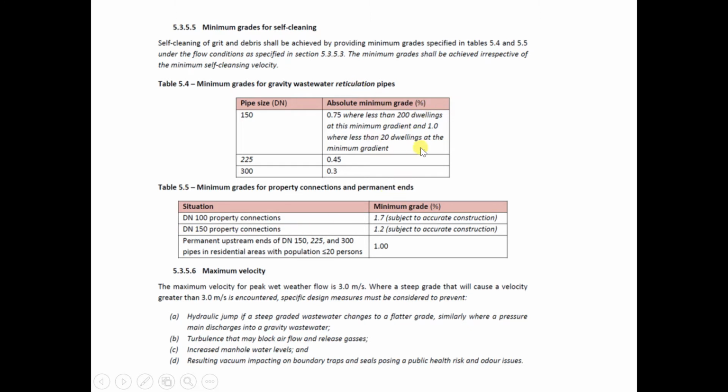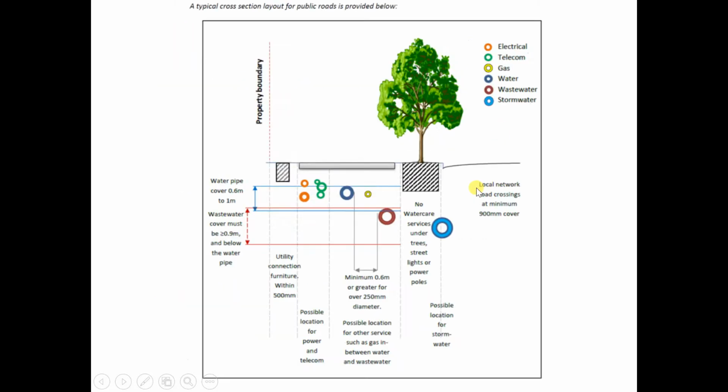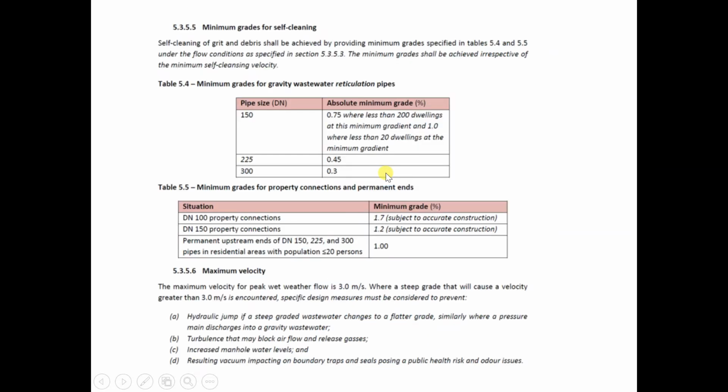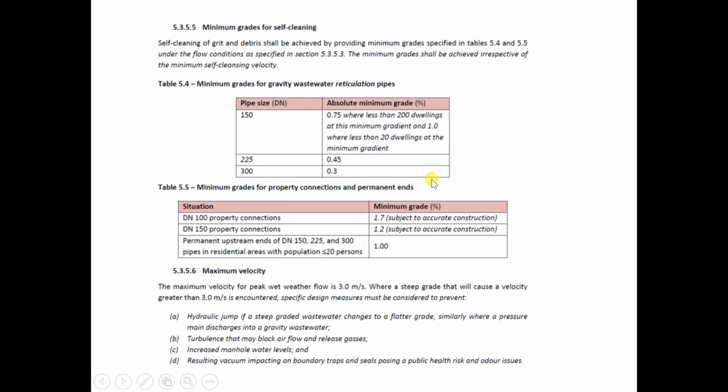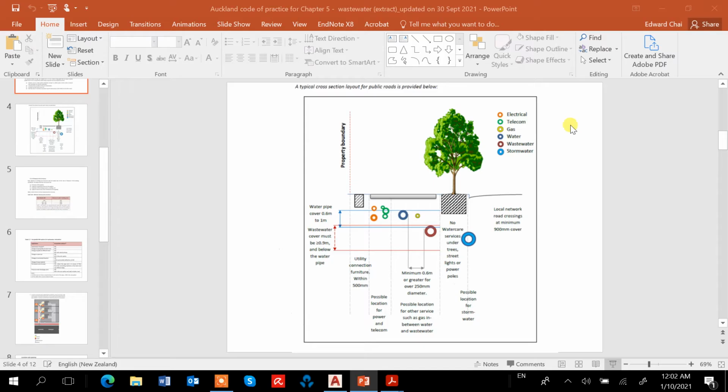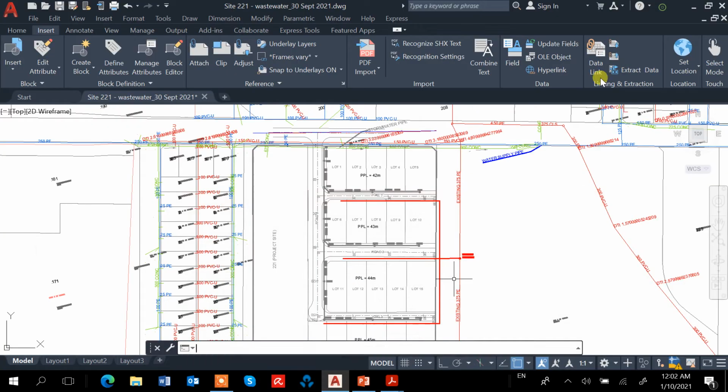So it's quite hard to establish the 0.75 meter per second, but the slope should take care of the self-cleansing of the sewage.